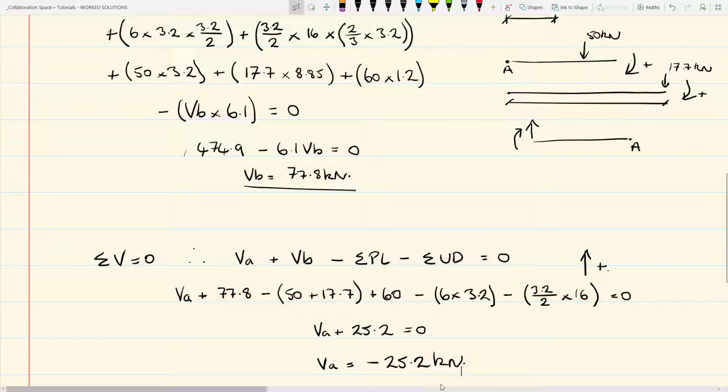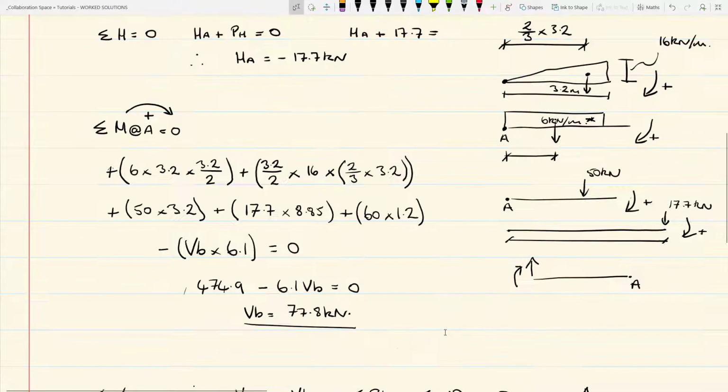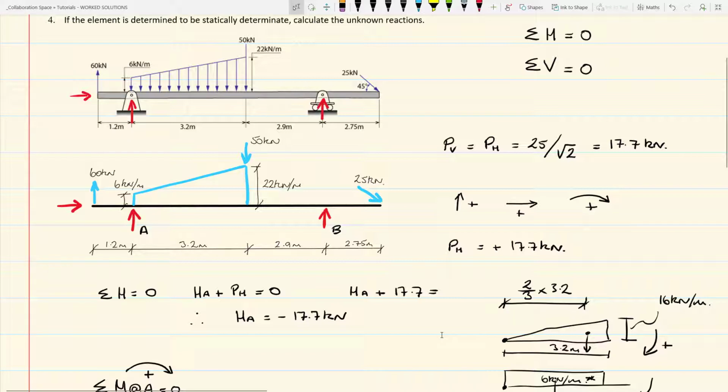Now this makes complete sense that it's negative. If we go back and have a look at our free body diagram, we assumed first of all that the vertical reaction at A was acting vertically up. The negative sign for the calculated value means that our assumption was wrong. So in essence, VA is actually acting vertically down.